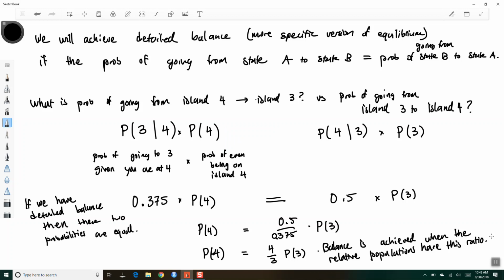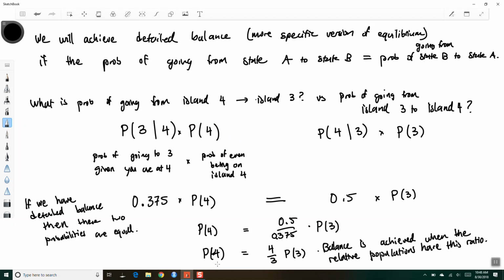Island 4 has a probability of 4/28. Island 3 has a probability of 3/28. And we can see that that would work, right? If the probability of island 4 is 4/28 and the probability of island 3 is 3/28, that would satisfy our criteria, okay?